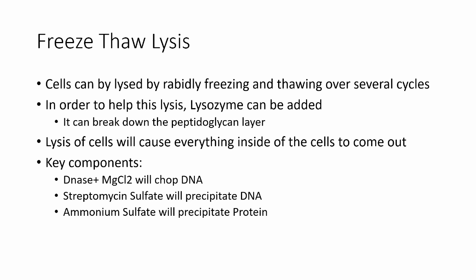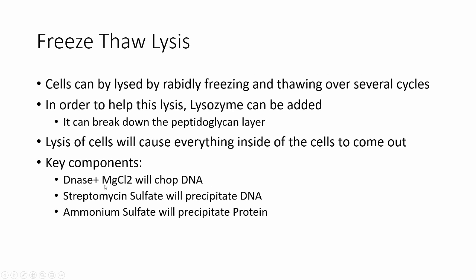You're not going to be able to see it just by me describing it, but once everything leaks out of the cell, the solution becomes very viscous. To continue with our lysis and actually get our protein, we add a couple key components, and I want to describe what each one does.